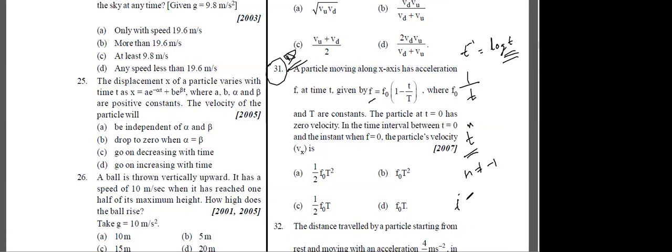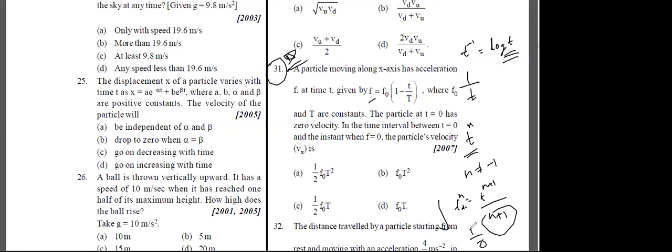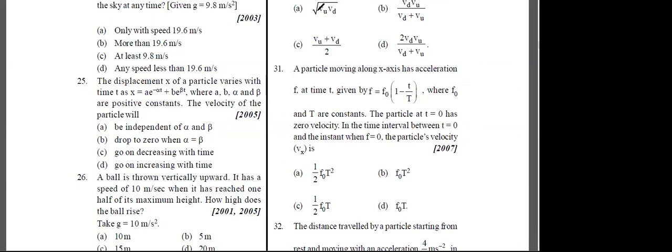Because integration of t to the power n with dt is t to the power n plus 1 by n plus 1. So if you put n is equal to minus 1 over here, it will be 1 by 0, right? That is the reason you should not use this formula for minus 1. It is log t. This is a mistake that generally people do.